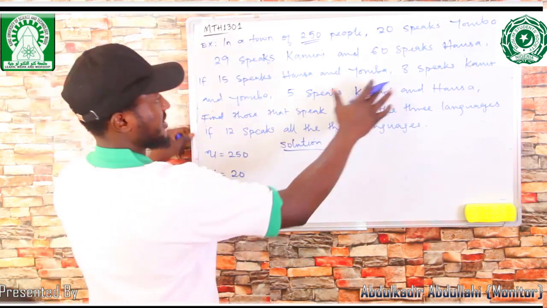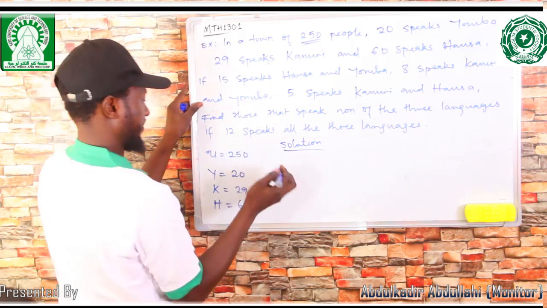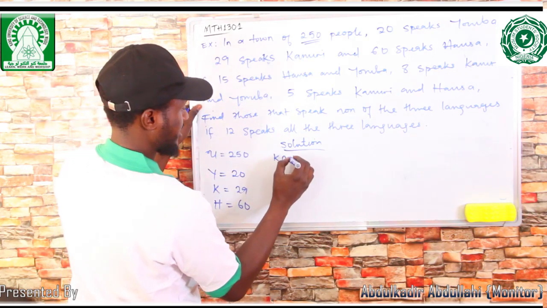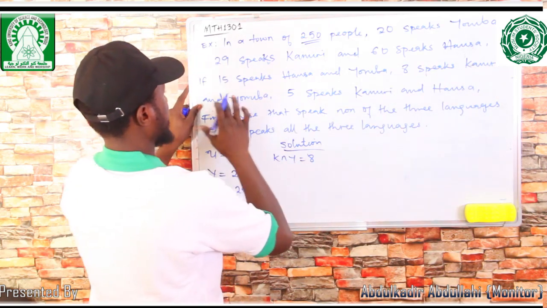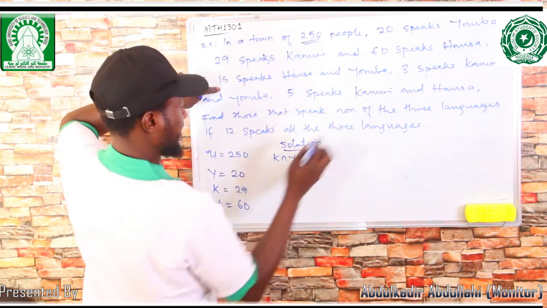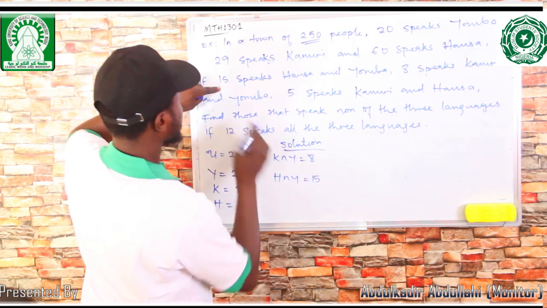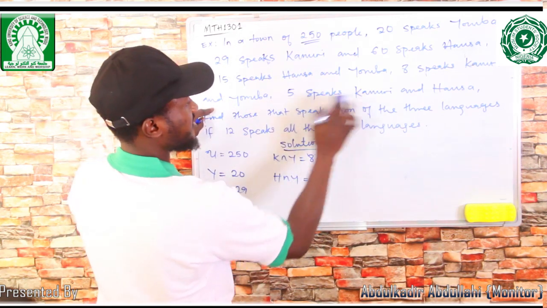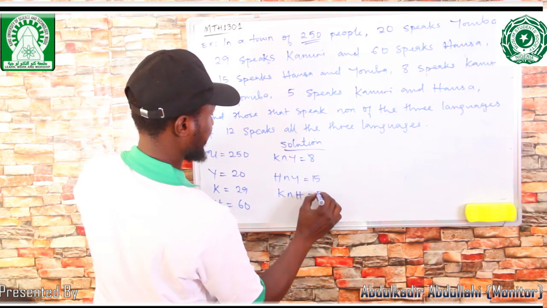It says 8 speaks Kanuri and Yoruba, so K intersection Y is equal to 8. 15 speaks Hausa and Yoruba, so H intersection Y is 15. Then the last one, 5 speaks Kanuri and Hausa, so K intersection H is equal to 5.